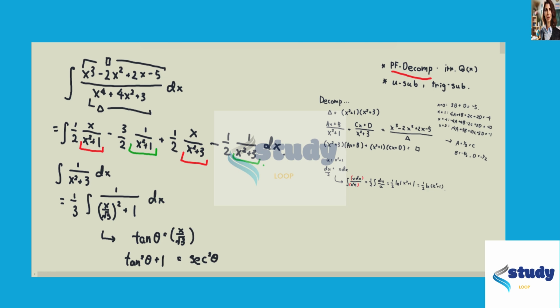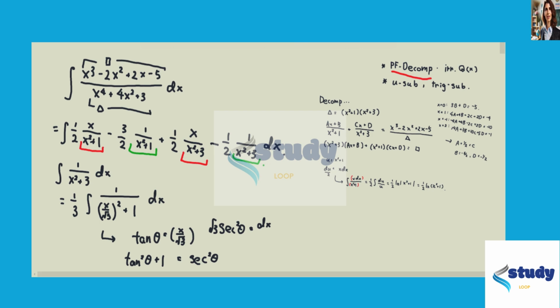If I take the derivative with respect to x on both sides, what's the derivative of tangent? It's secant squared. So you will get secant squared theta is dx over root 3. So root 3 secant squared theta is what dx is equal to.